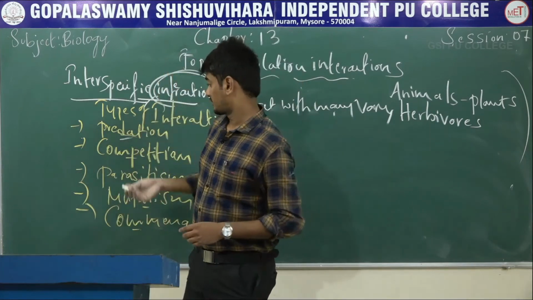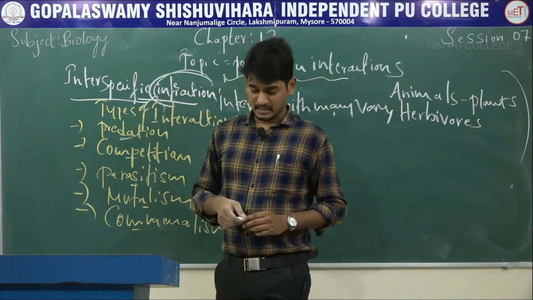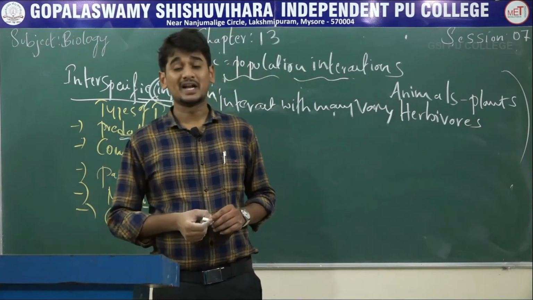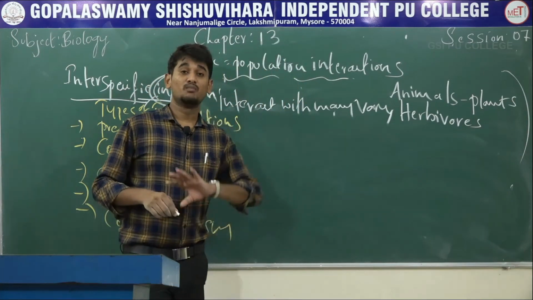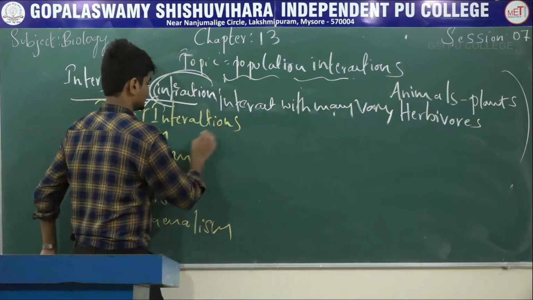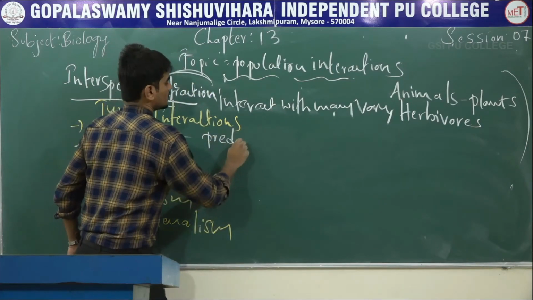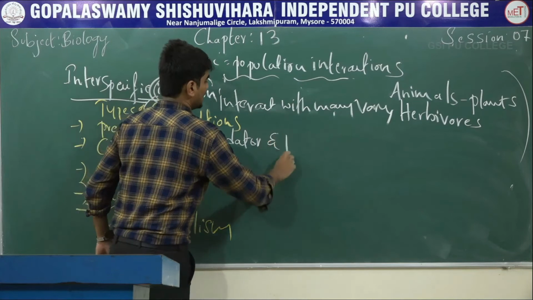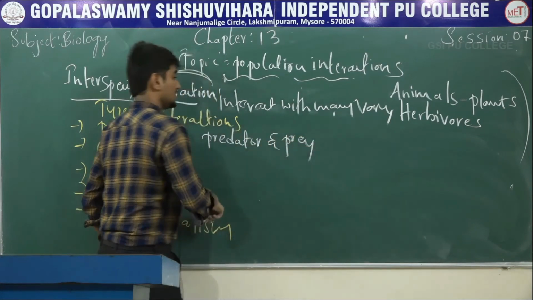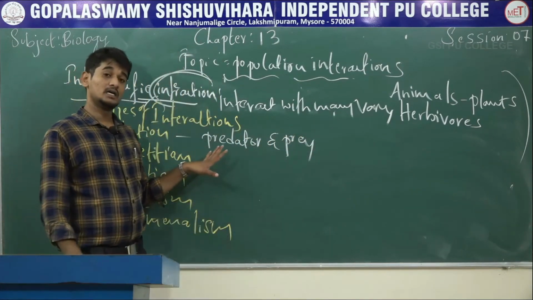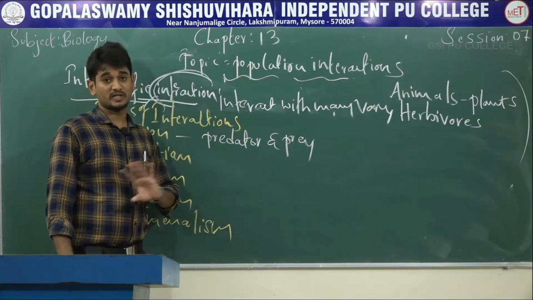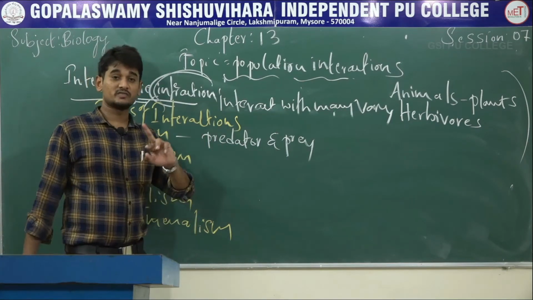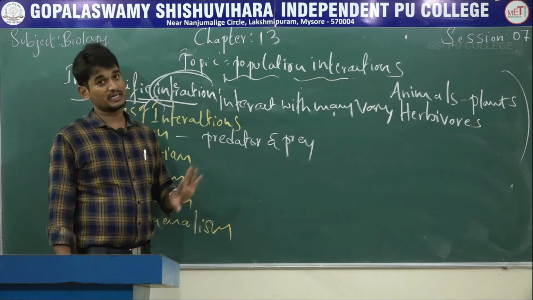Let's discuss the first one. Predation is a type of interaction that takes place between the predator and the prey. As I said, when interaction takes place between two species, one species is benefited and the other is harmed.